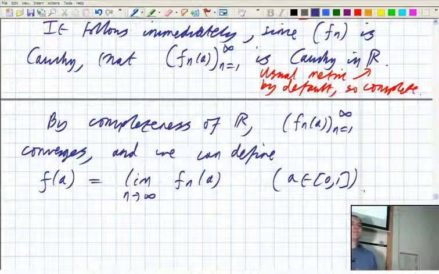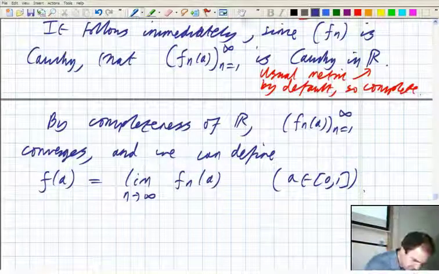Notice we did that point by point. So at each point you get a convergent sequence. So this gives us pointwise convergence of the sequence of functions.